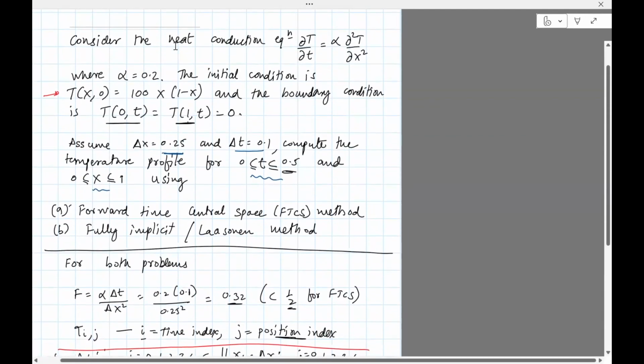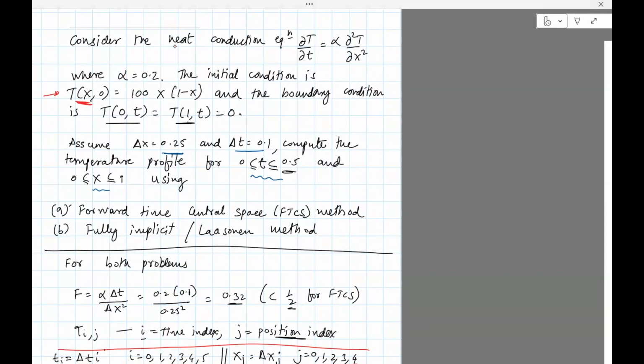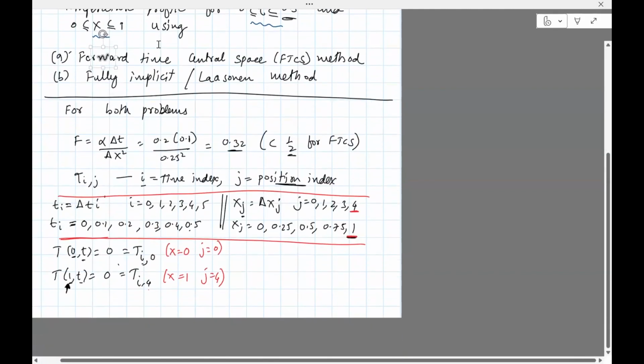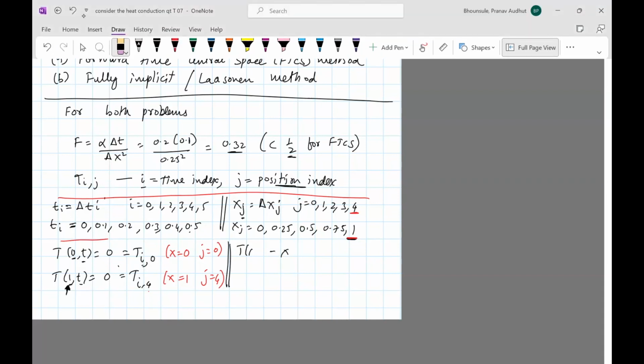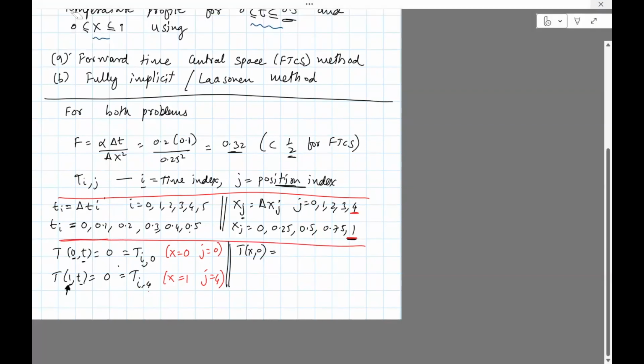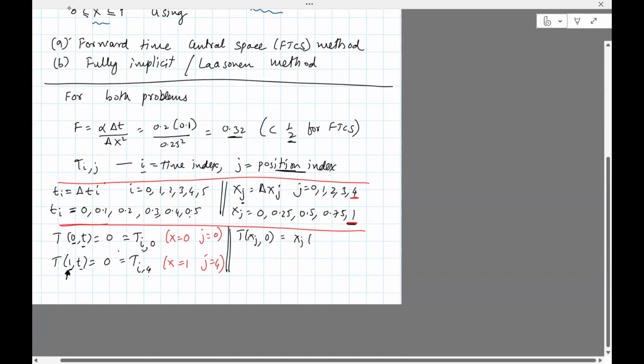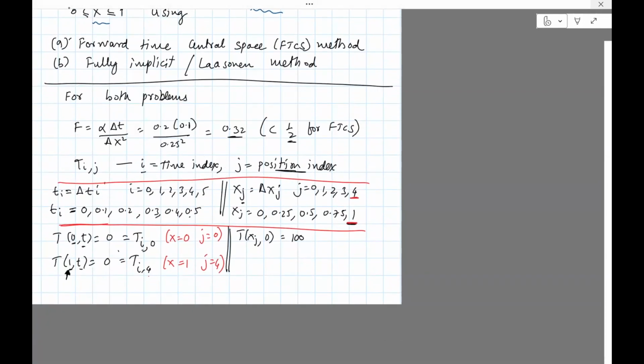We need a boundary condition, which is written here. So the boundary condition is T(x, 0) equals 100 x (1 minus x).